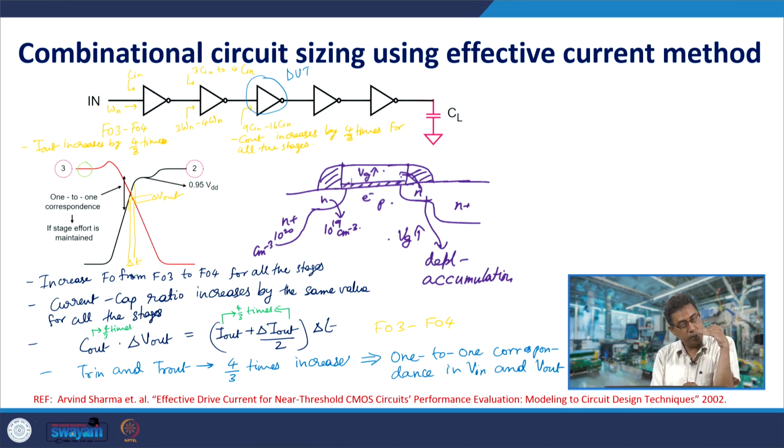It is actually slightly lesser than VDD, and that is because of the leakage current of the N MOSFET.